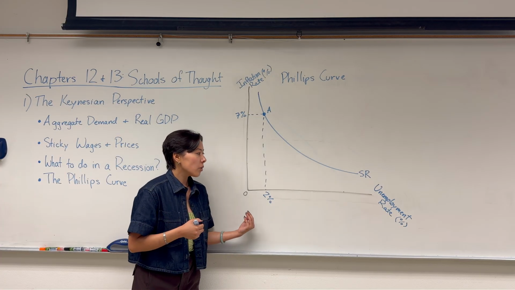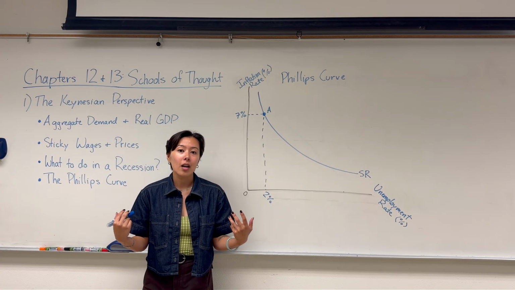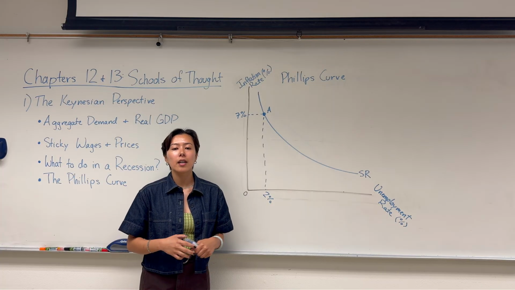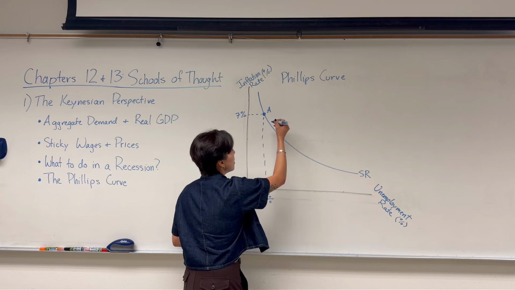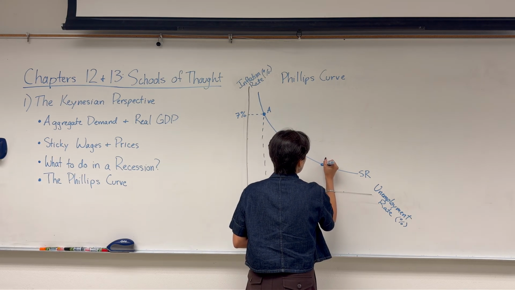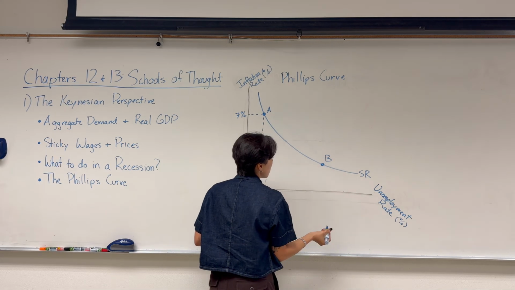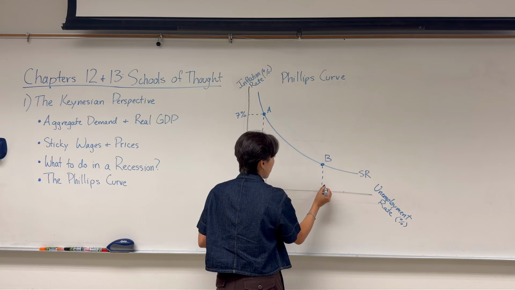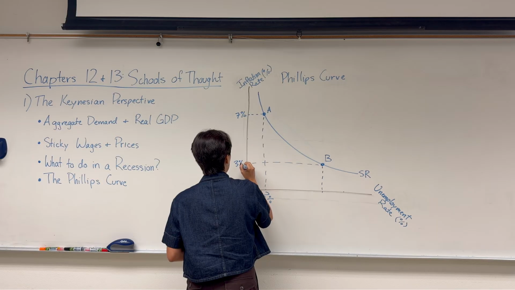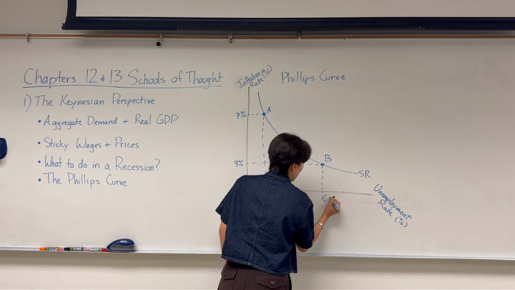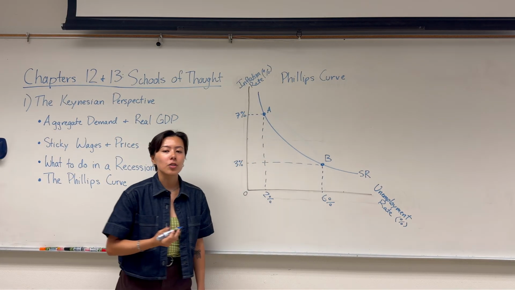But in doing so, they're going to push unemployment up. When we reduce aggregate demand and reduce real GDP, unemployment has to rise. So this contractionary fiscal policy could push the economy down to a new point like point B. At point B, inflation will be much lower, but unemployment will have to be higher.